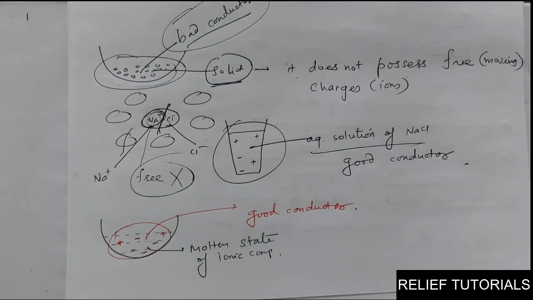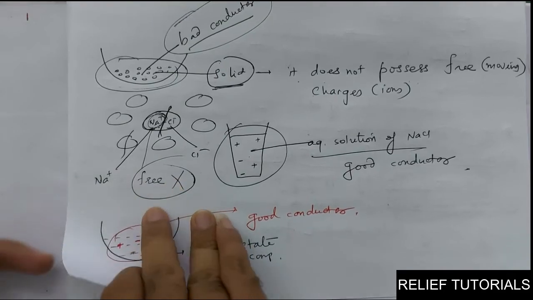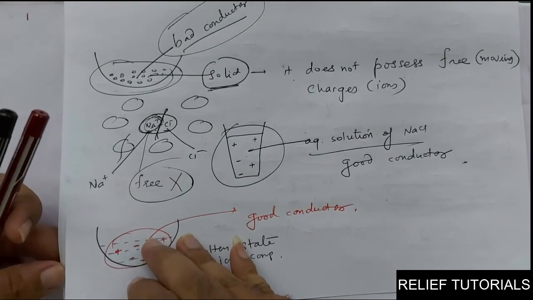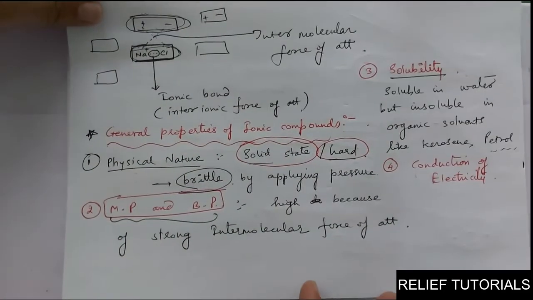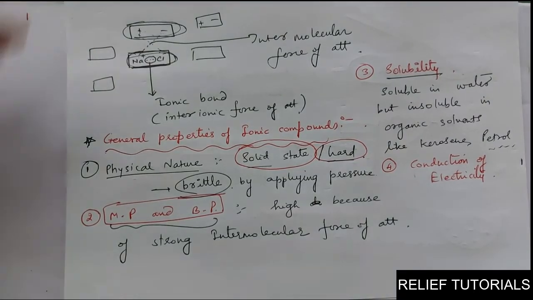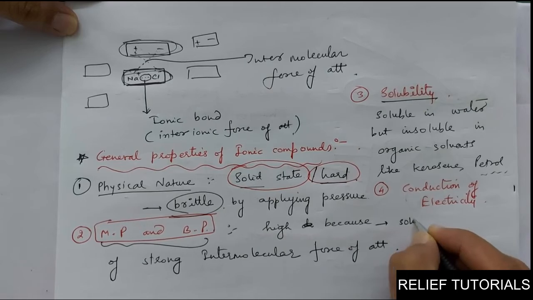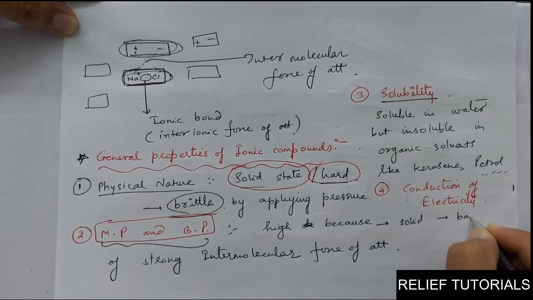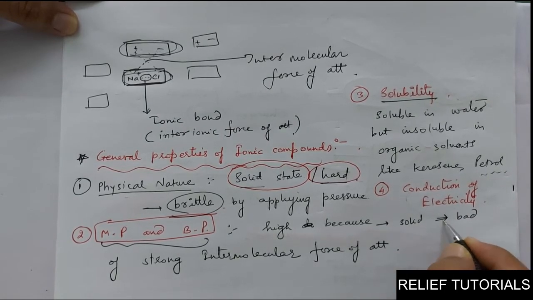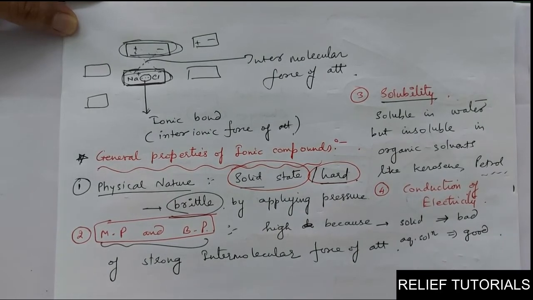So the conclusion of the whole discussion is, the topic is whether ionic compounds are good conductors of electricity or not. How can we write that? Ionic compounds in solid state, bad conductor. In aqueous solution, they are good conductors.